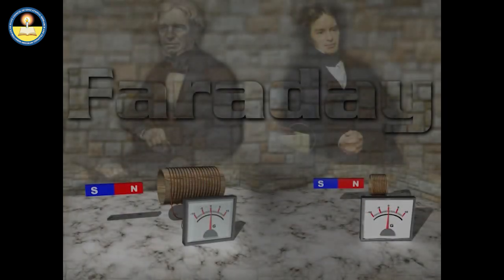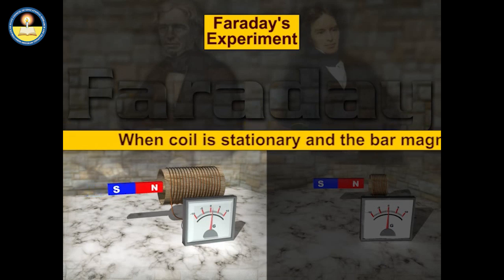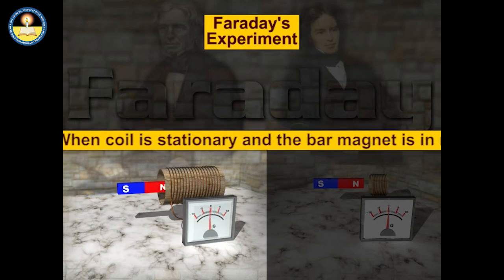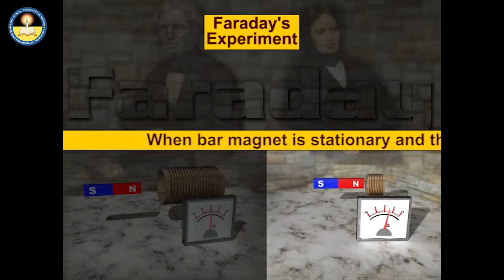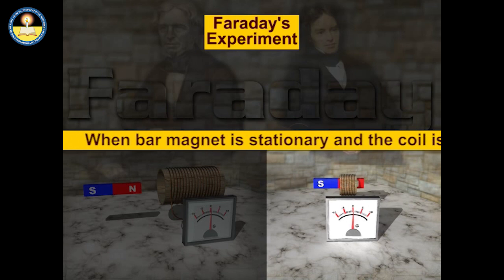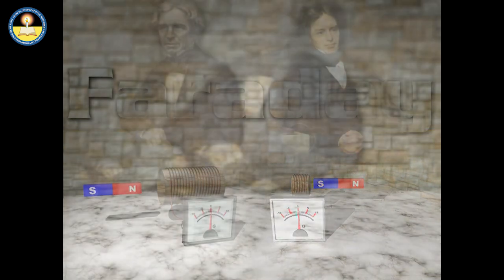Let's see two different cases of Faraday's experiment for electromagnetic induction. In the first case, the coil is stationary and the bar magnet is in motion, while in the second case, the bar magnet is stationary and the coil is in motion.